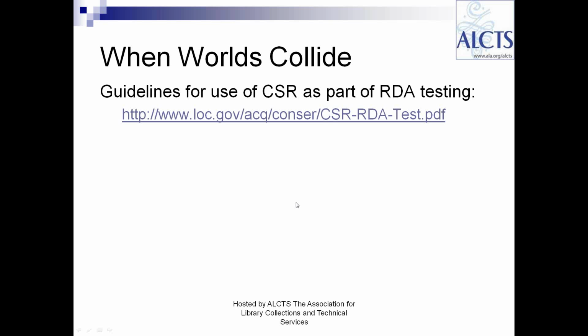I provided the URL for those guidelines. In general, those guidelines said to go ahead and code as you would for the CONSER standard record. Go ahead and create a uniform title if you're following the CONSER standard record and you want to continue to follow it for the test. Only create a uniform title when it's mandatory according to the CONSER standard record.